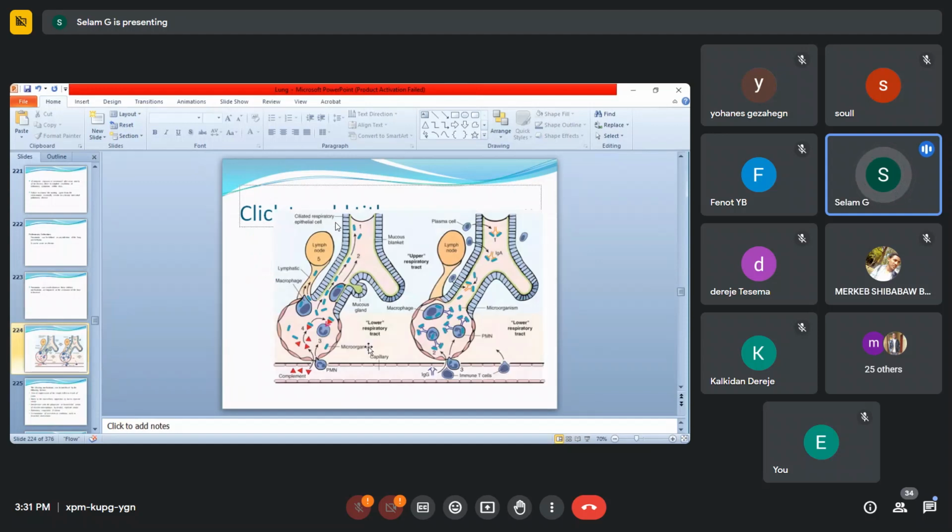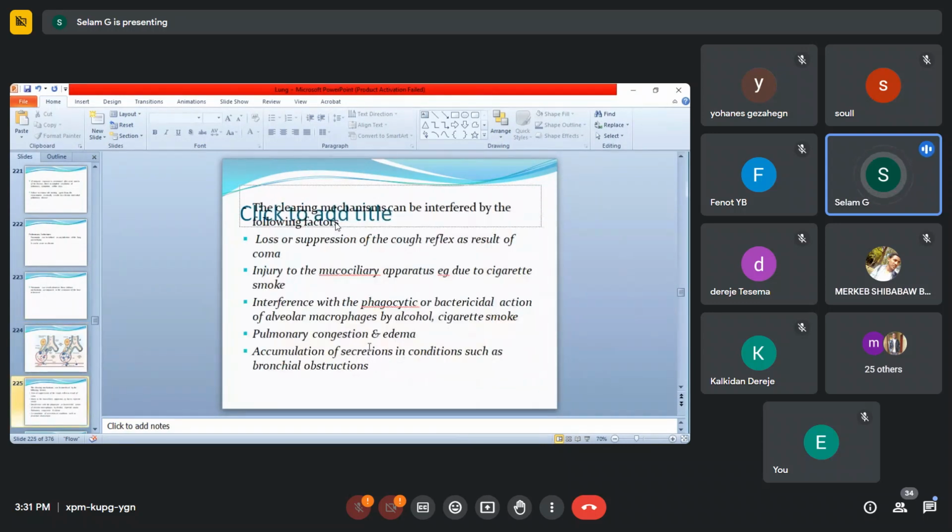There are many defense mechanisms in the lung, starting from the cilia, the mucus, the alveolar macrophages, and the like.